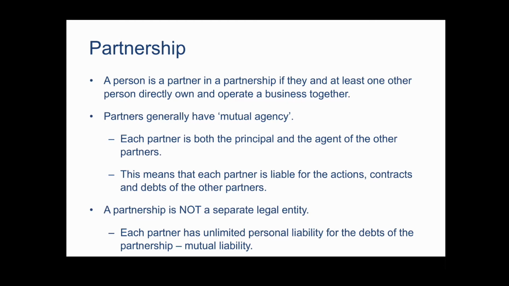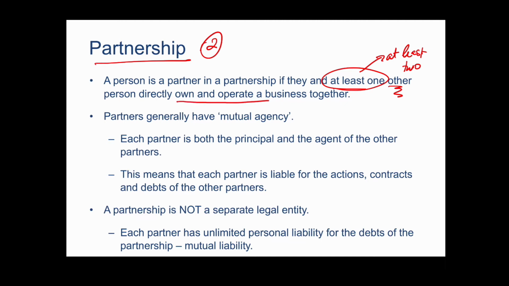The next type of business that we want to talk about is a partnership. So a partnership involves at least 2 people. Okay, so there's at least 2 people, and what they're doing is owning and operating a business together. Now, this is a special legal relationship.